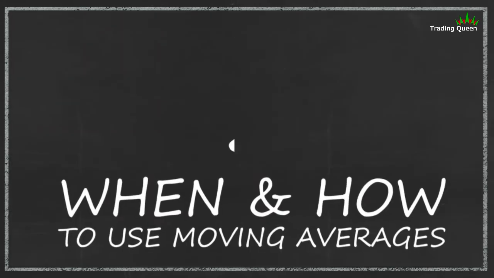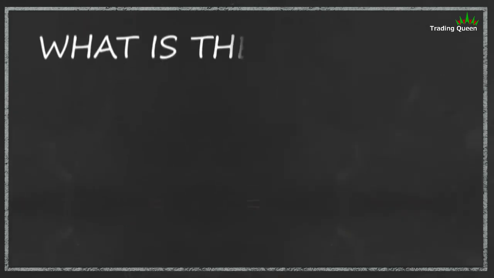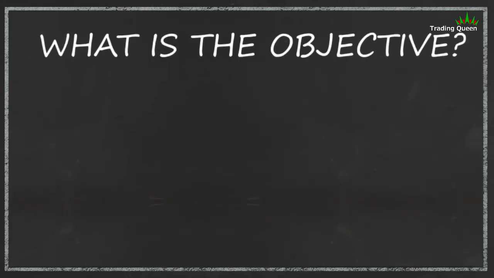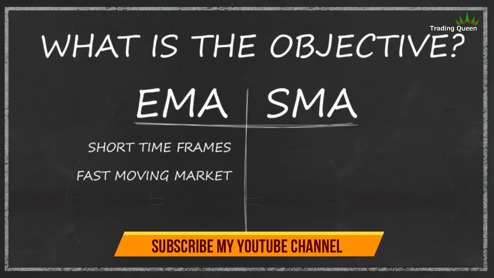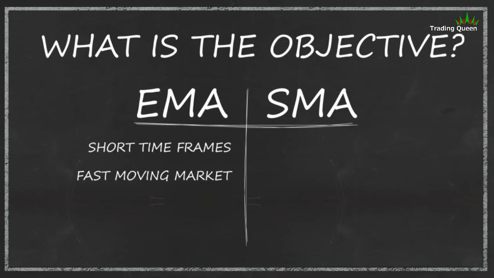When and how should you use moving averages? Deciding which moving average to use and the time period will depend largely on your objective. Use exponential moving averages for shorter time frames, or if you're analyzing a fast-moving market, as you'd have more emphasis on the latest prices.